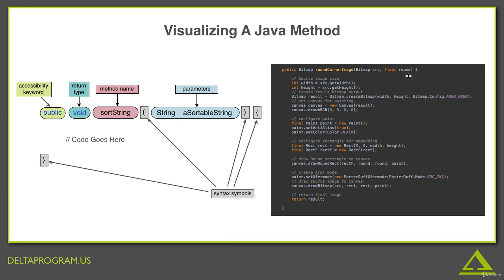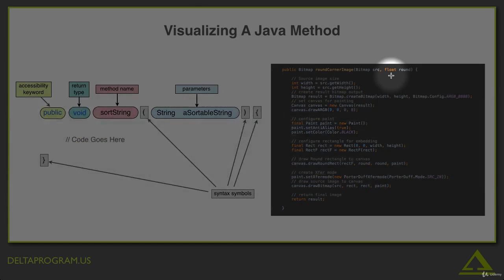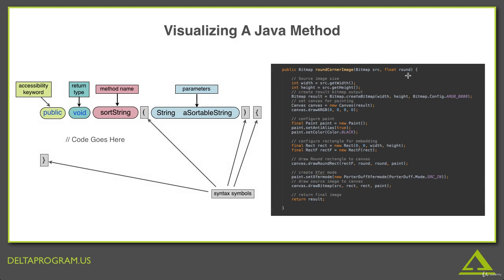In other words, to use this method, you have to input not just a bitmap, but also a second parameter, in this case a float. Now, a float is a specific type of number data. It actually gives you the ability to use decimals when defining a value. And here, we're going to refer to it as round. Now see if you can find the uses of the word round in between the braces.